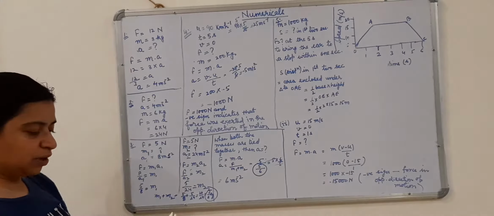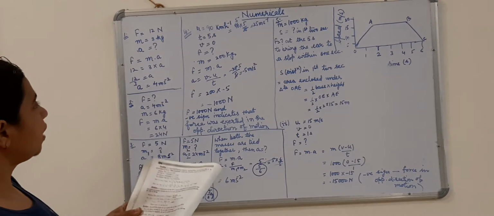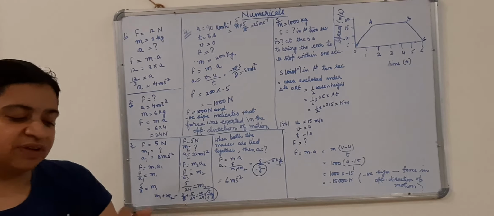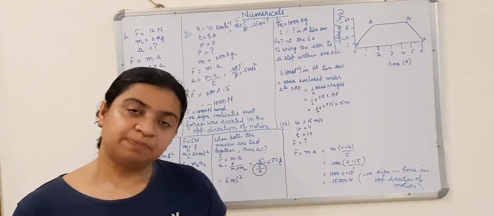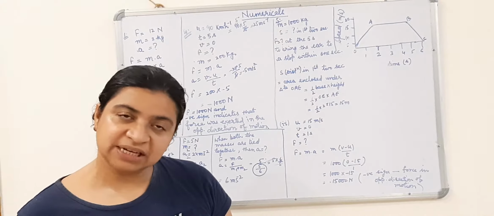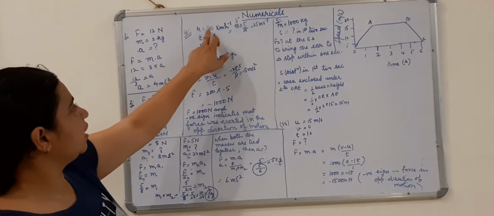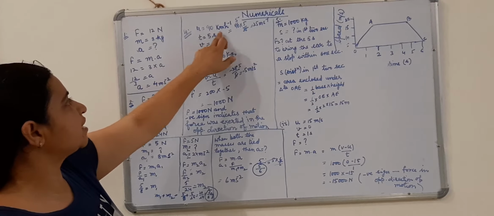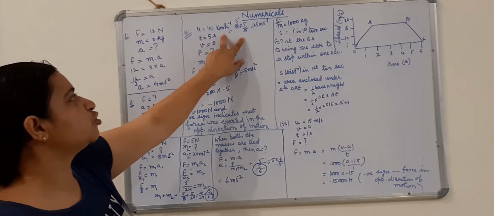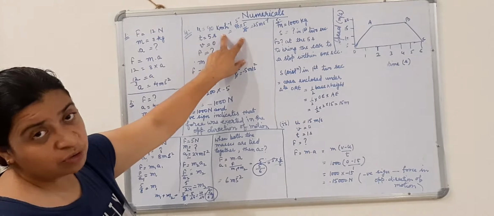Now let us switch over to our next numerical. A motorcycle is moving with a velocity of 90 km per hour. It's already moving, which means 90 km per hour is the initial velocity of the motorcycle. I have taken U as 90 km per hour. Let me change it into meter per second. I have given you a shortcut.